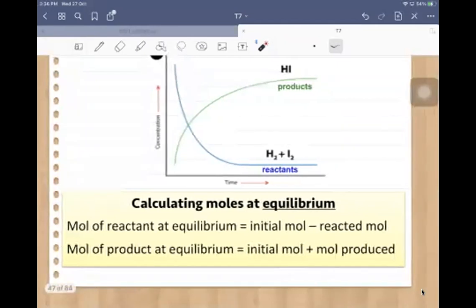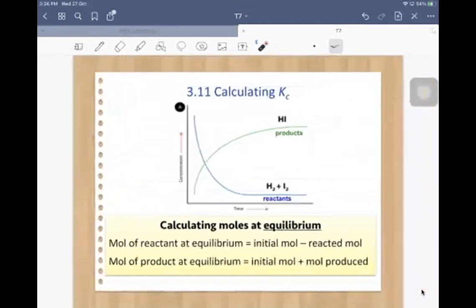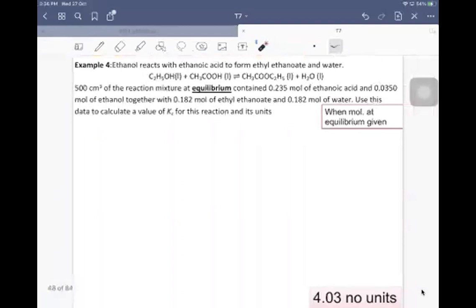Right. So we're now going to apply this idea or this formula into questions. The first question, we're going to look at example 4, which is on page 7.